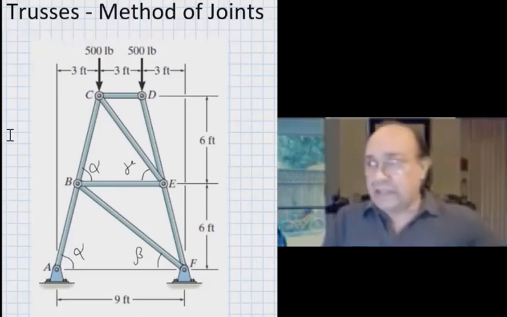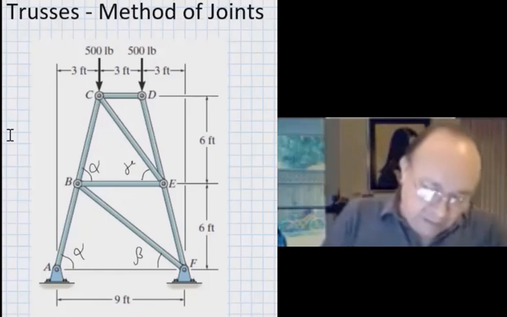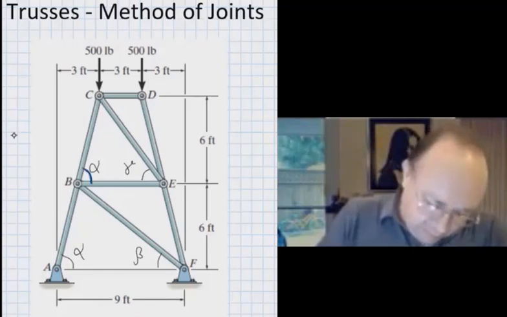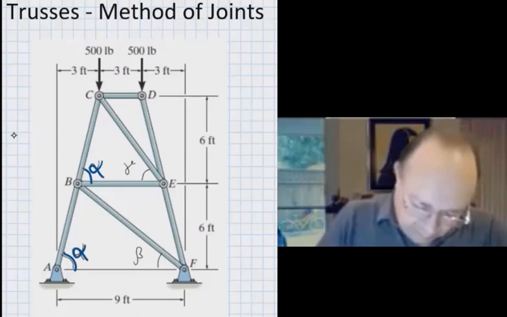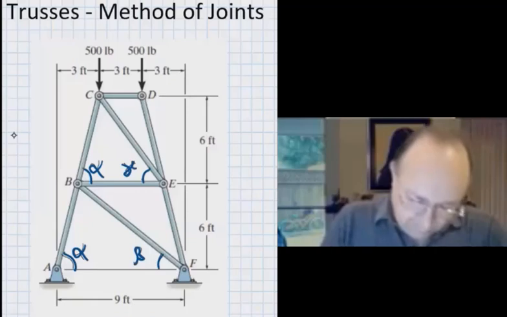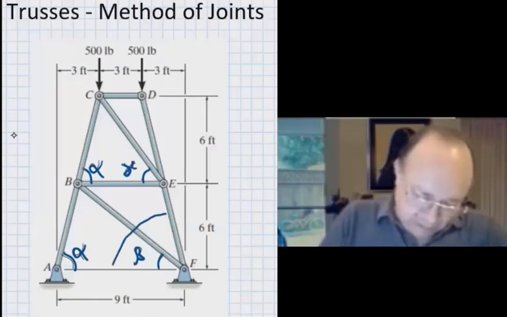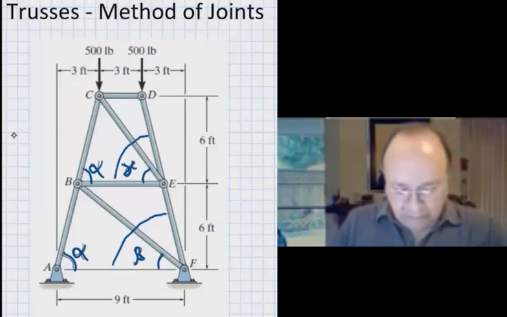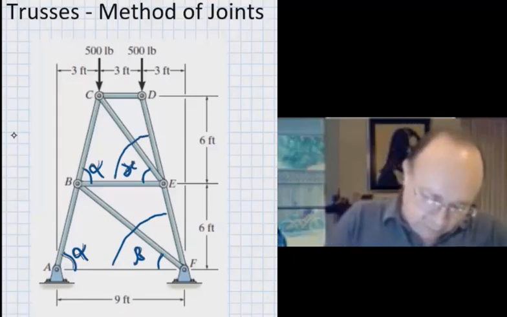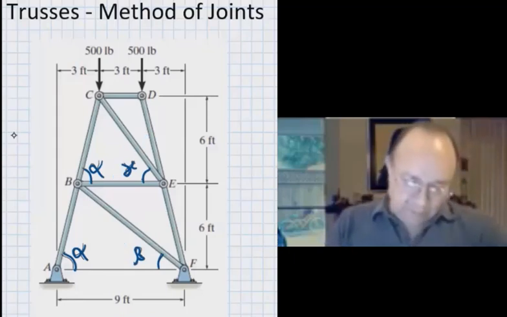So in this case, I have these angles here, alpha, which is the same here and here. I can call this beta, and I can call this gamma. Alpha is also here, so I don't need to calculate it. And alpha is also this big angle here. That's alpha also. So let's leave it like that for now.